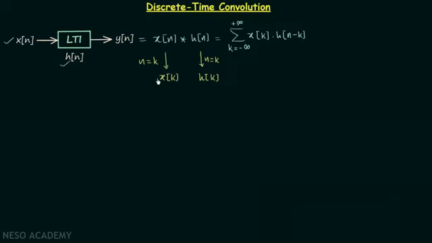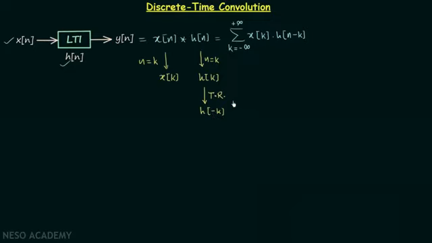Now we will leave signal x[k] alone and focus on signal h[k]. Let's perform the time reversal operation on signal h[k]. After performing the time reversal operation, we will have a new signal, h[minus k].